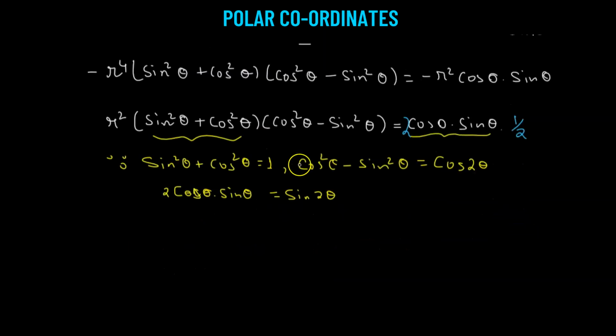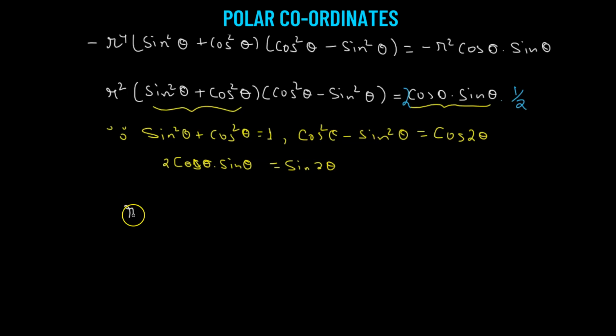Now let's use the identity. So we are going to get r squared times, sine squared theta plus cosine squared theta will be 1, and cosine squared theta minus sine squared theta gets replaced with cosine 2 theta. That will equal, now we have 2 times cosine theta times sine theta, so that's simply sine 2 theta multiplied by half. Let's rearrange it.